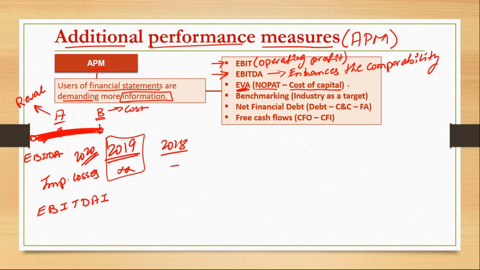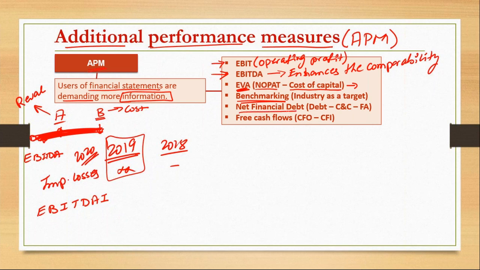So this is the value added to the shareholder's wealth. The next thing is benchmarking. Benchmarking means that we can set a target in the industry and compare against it, but this is not a very good measure, so I'm completely ignoring that.